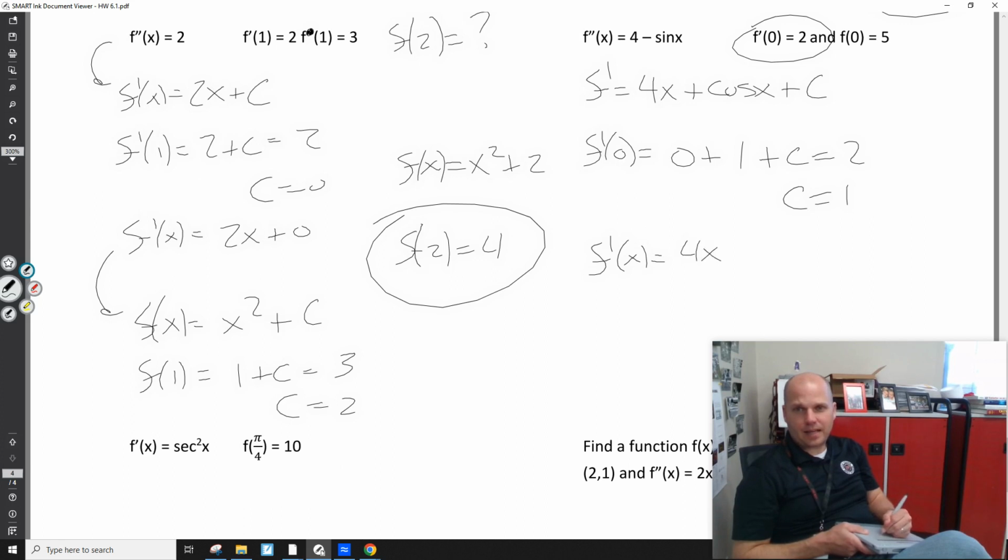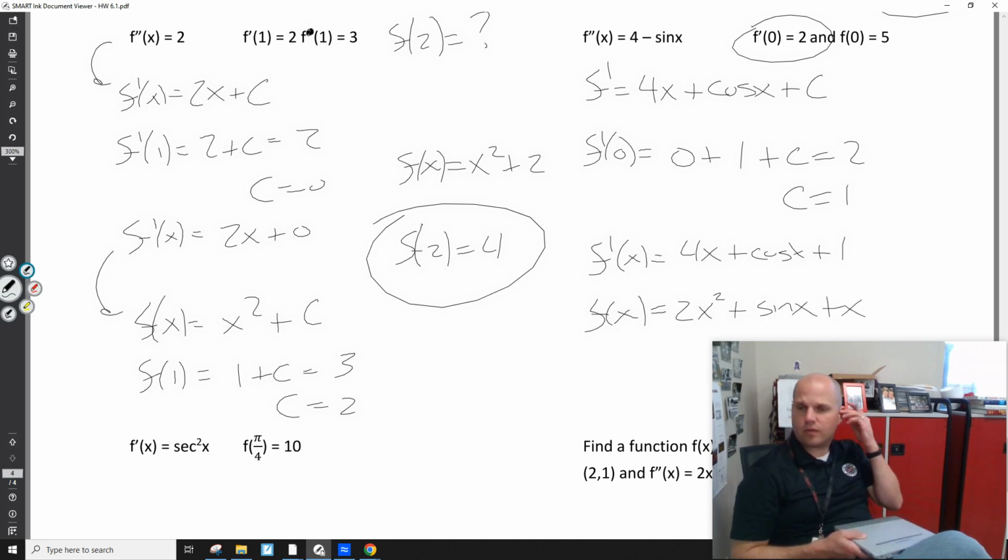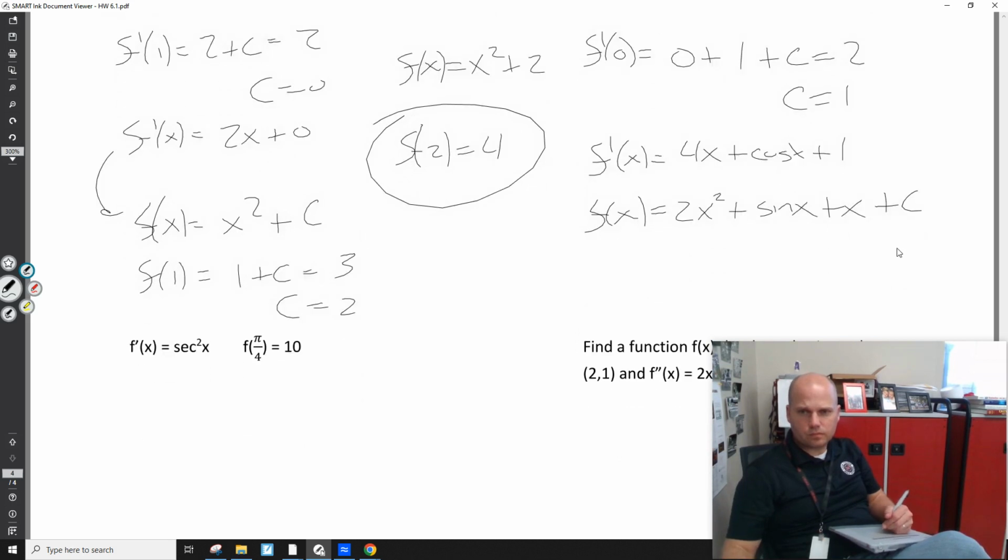If I go back again, I need to take the antiderivative of 4x. x squared times a half times 4 is 2x squared. The derivative of sine is cosine. The antiderivative of 1 is x. x's derivative is 1, plus c. f of 0 is 5. c is 5.